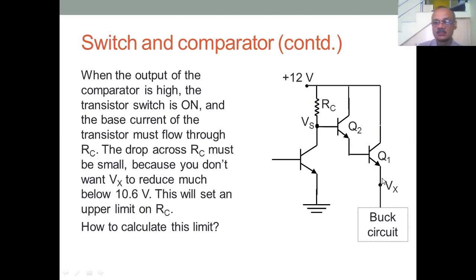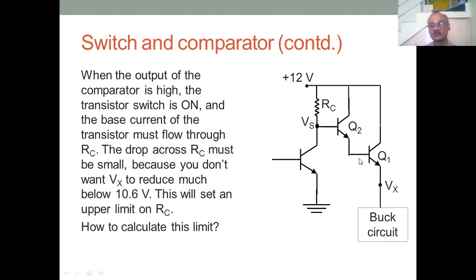So now let us think about the currents here. You remember I said last lecture that we assume Vx can vary from 10.6 to 11.3 volts. This is the circuit for why that voltage was set, because there are two transistors, each with 0.7 volts, and so this goes down to 10.6. But as you can see here, there is an additional voltage drop across RC also.